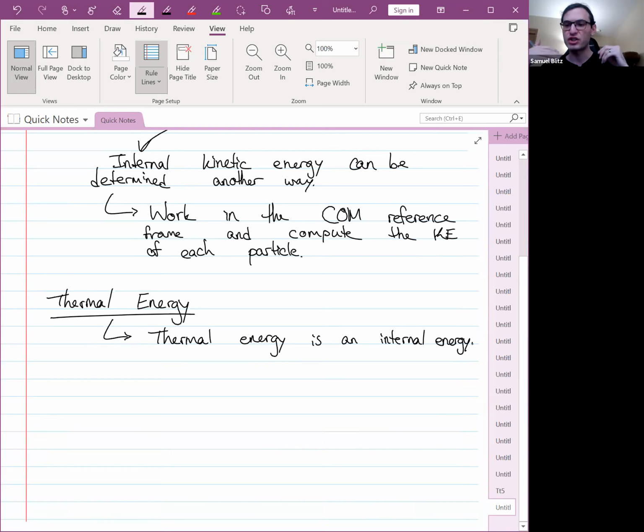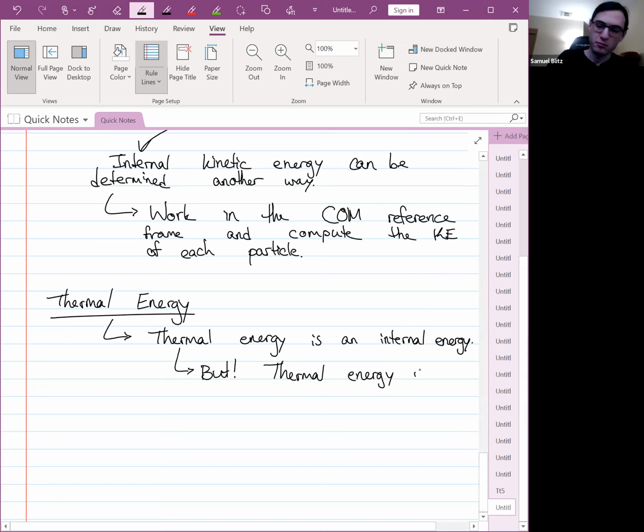Just as an additional point, the difference between all internal energies and thermal energy is that thermal energy has to be associated with random motion inside the object. That's just a quick caveat. It's not a thermal energy if it's not random.